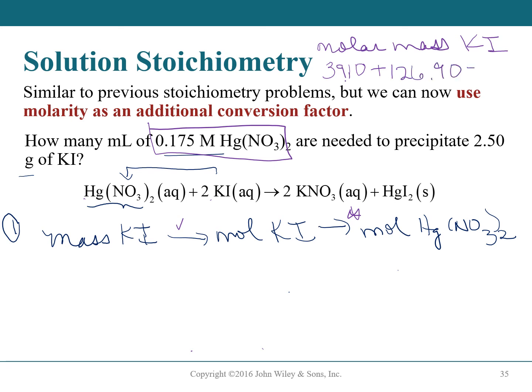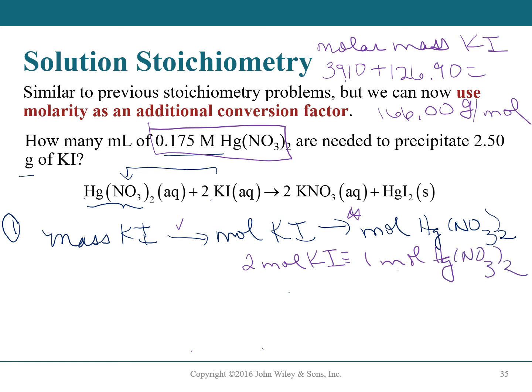And what we get is the molar mass of 39.10 plus 126.90. We get something like 166.00 grams per mole. Okay, so we have this. 2 moles of potassium iodide is equivalent to 1 mole of mercury 2 nitrate.